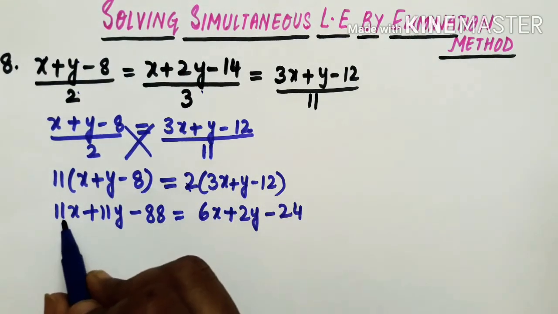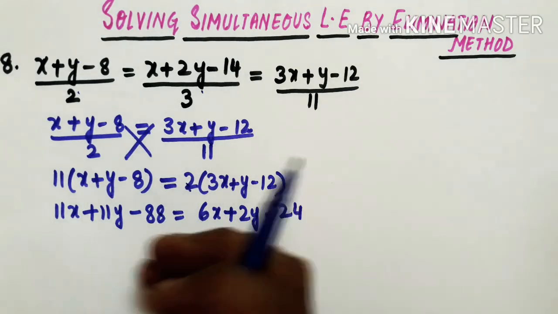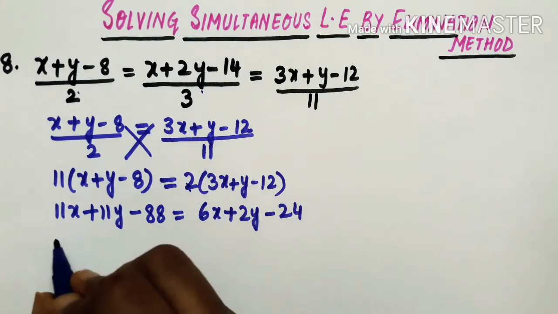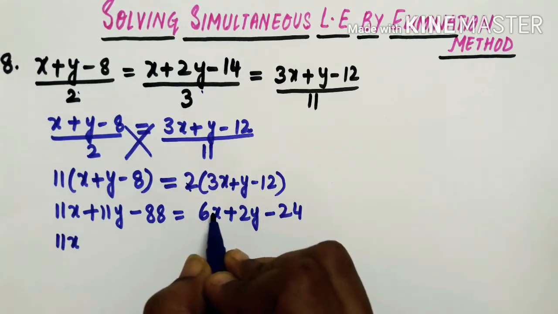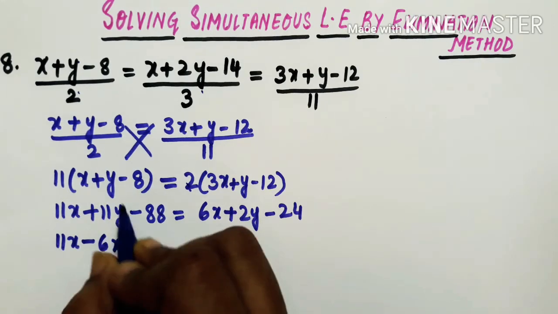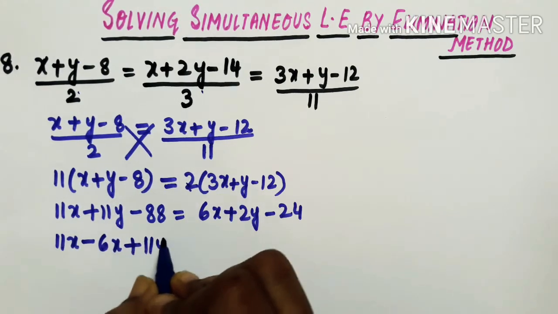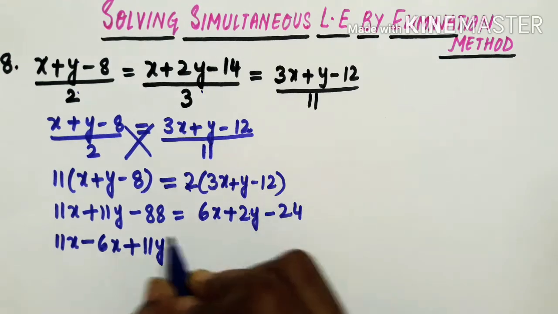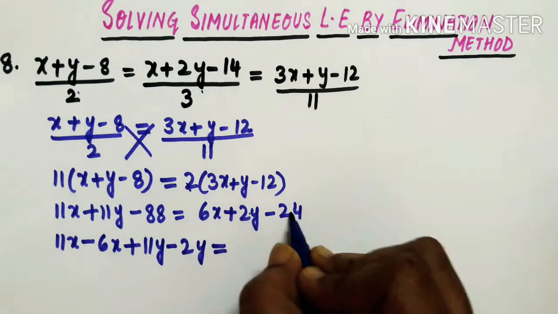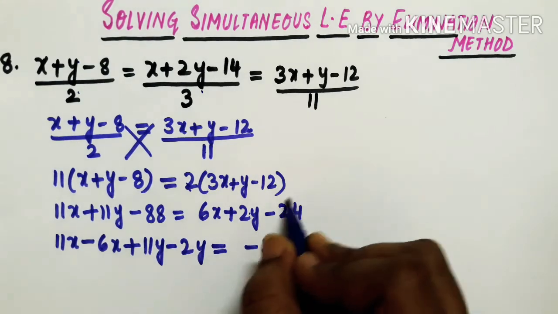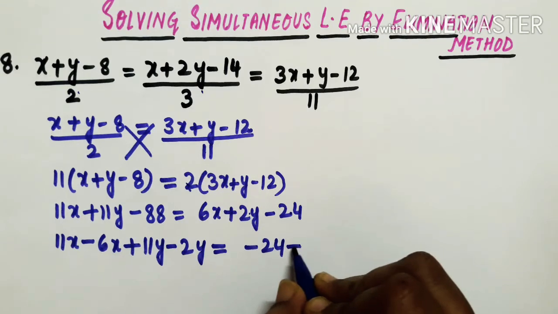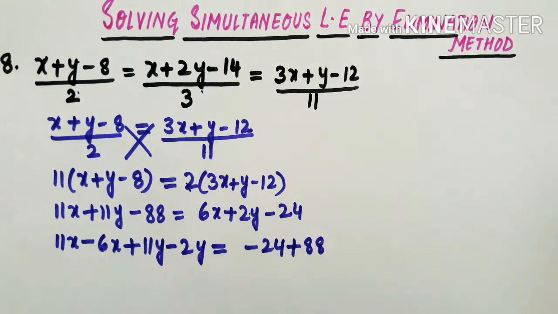Got it. Now whatever the like terms are, let us calculate that. Here 11x is there, here 6x is there. So this plus 6x, when transposed to the left hand side, will become minus 6x. Now plus 11y as it is, then this plus 2y, transposed here, will become minus 2y, equals this minus 24 constant, let us keep here only, and this minus 88, let us write here as plus 88.